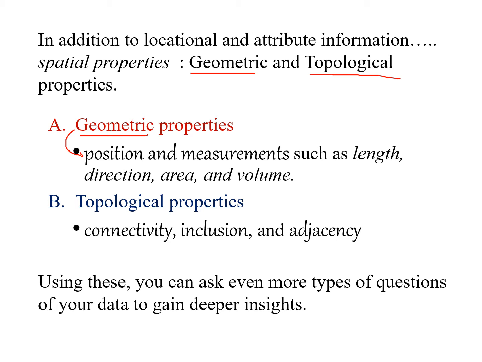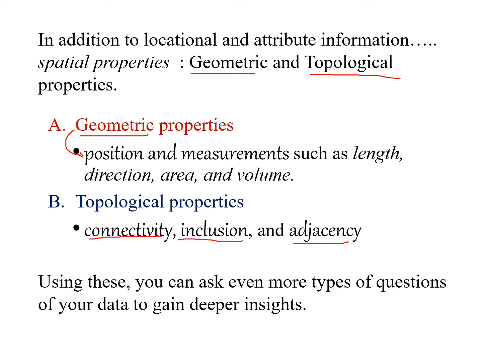Now the second is the topological properties. Topological in what sense? The connectivity, how different features are connected, then inclusion within each other or not, and second, the adjacency.